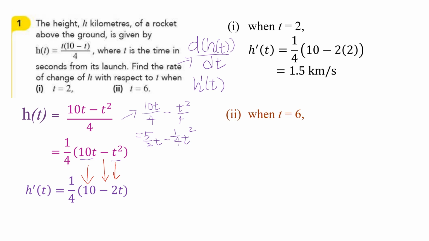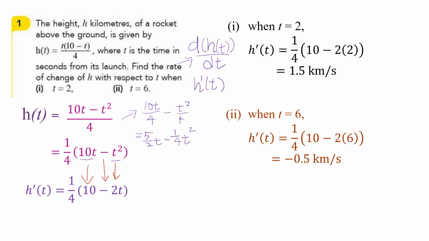And when t equals 6, the rate of change of your height with respect to t is negative 0.5 kilometers per second. Do remember to put in the units, because the dimension for height is kilometer and you're finding rate of change, so it should be kilometers per second.